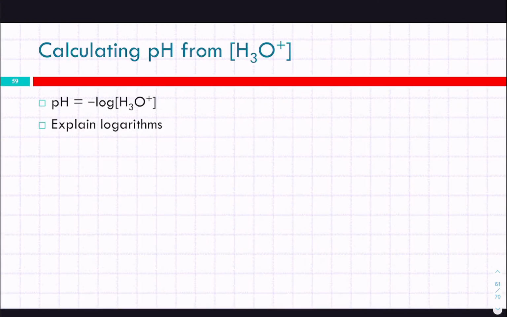Okay, explain logarithms. Logarithms are, I think, just difficult to understand. They're easy to use, easy to type into your calculator. One of the things I have to mention first is that your calculator probably has one button that does two things.